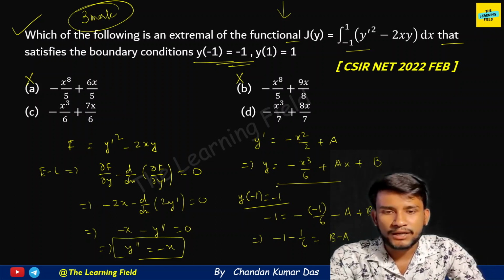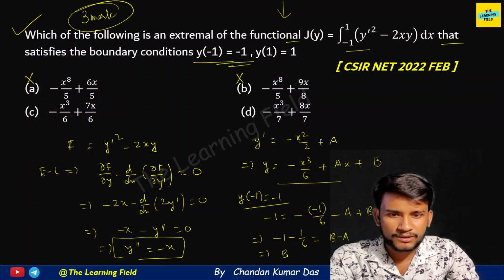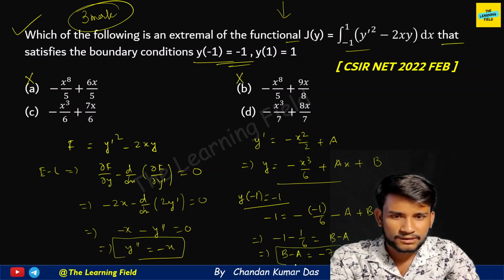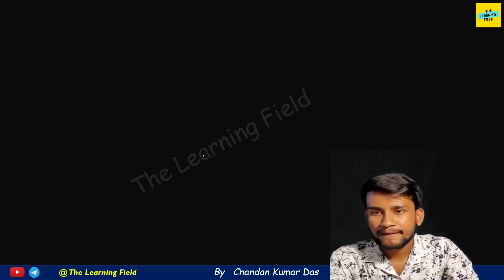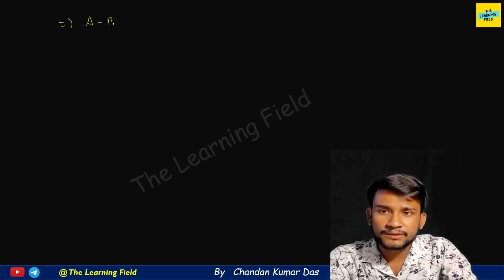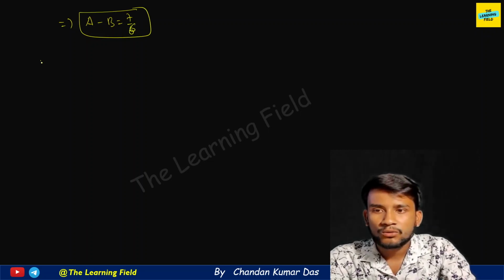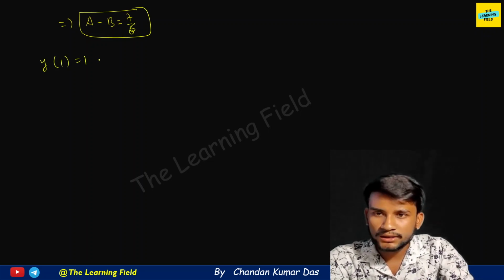So that means we get from here b minus a equal to minus 7 by 6, and this implies we can write a minus b equal to 7 by 6. Now y(1) equal to 1, this gives what?